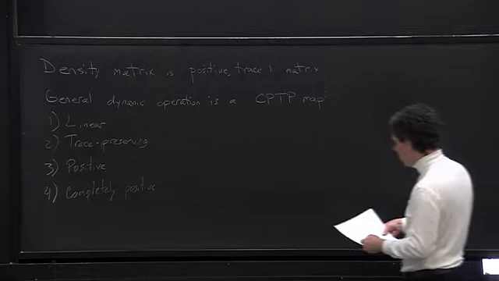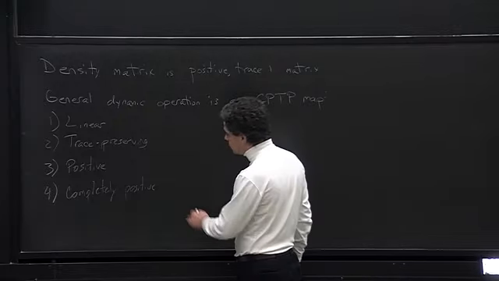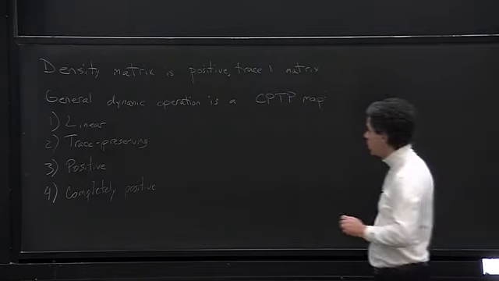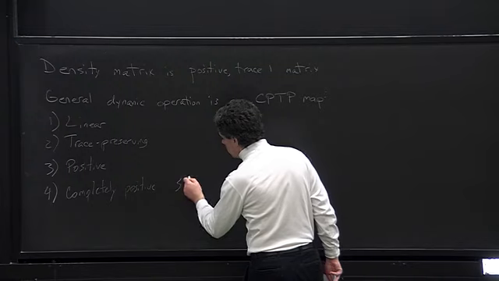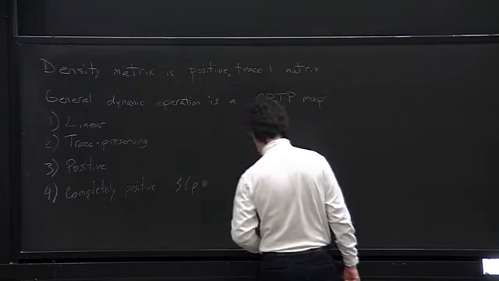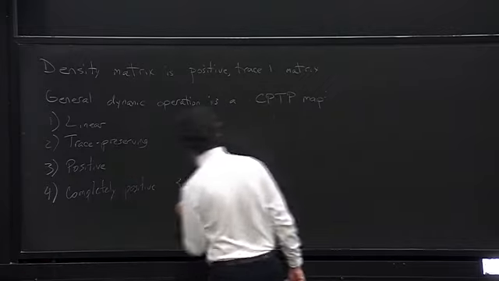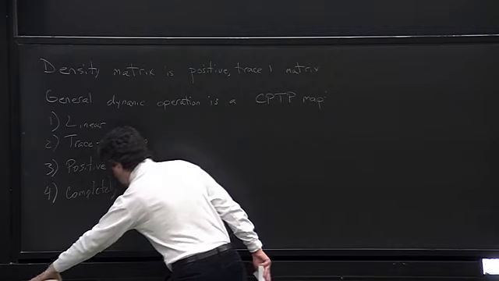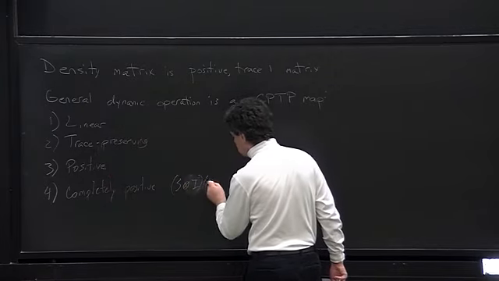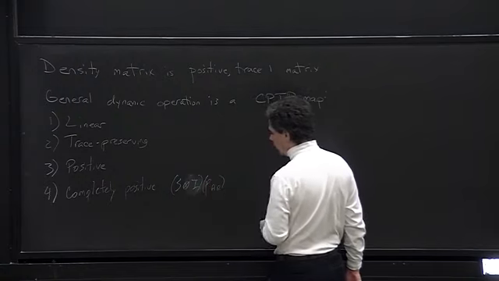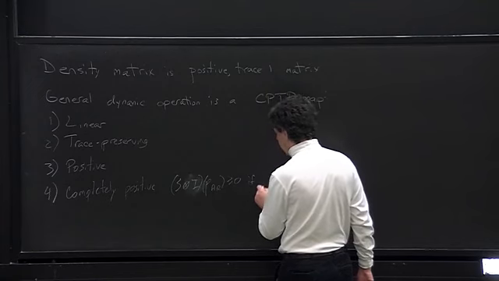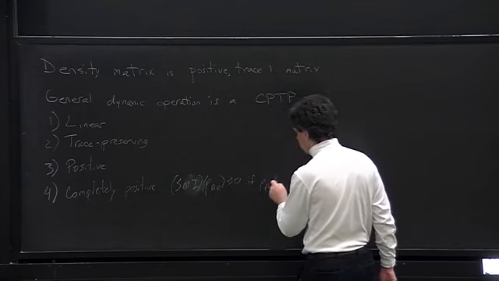So in particular, a completely positive map is one for which S tensor I of rho AR is positive if rho AR is positive.